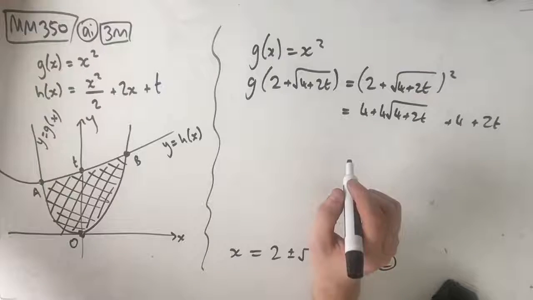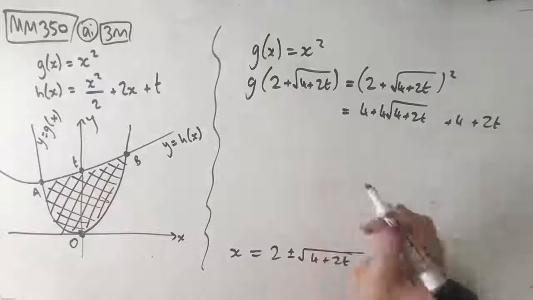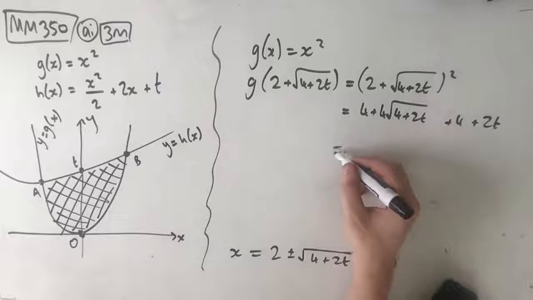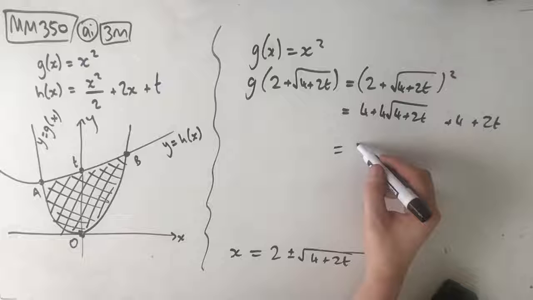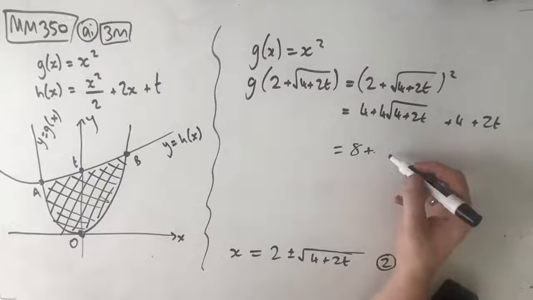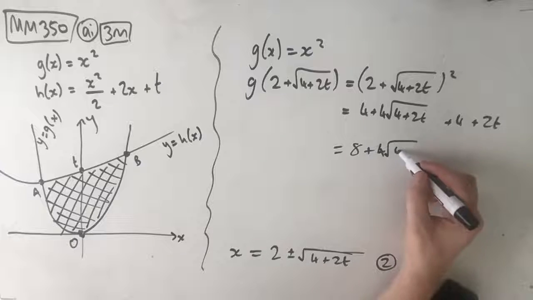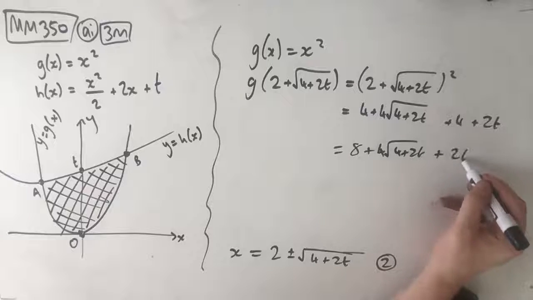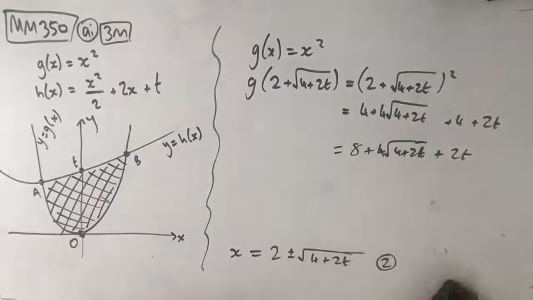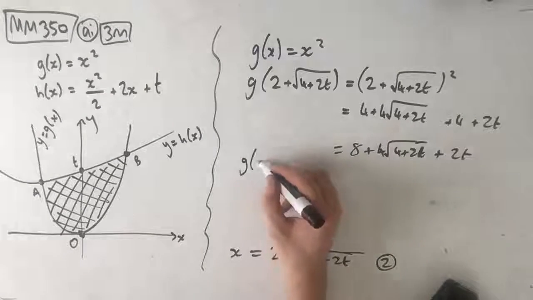Let's have a look-see. Which is 8 plus 4 plus 2t plus 2t. Awesome. Fantastic. And now what we can do is plug in our other value of x.